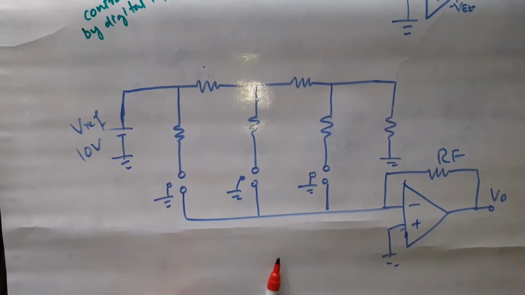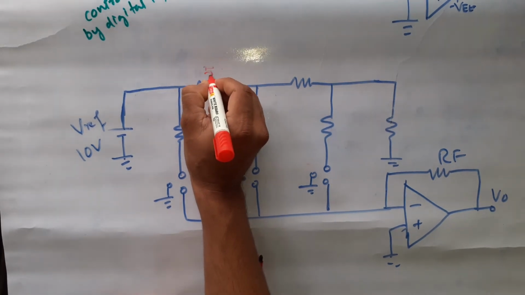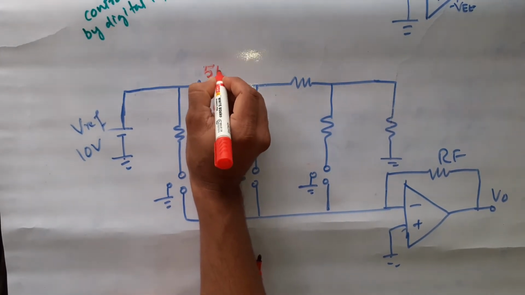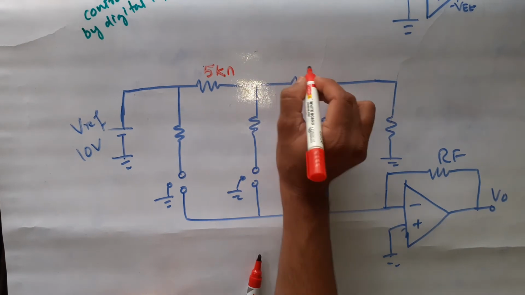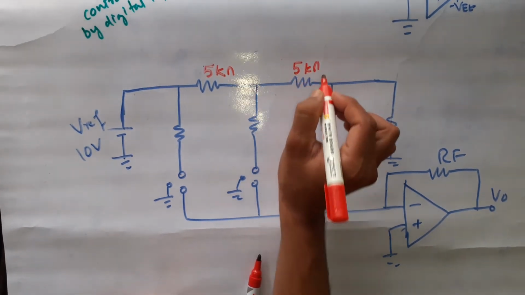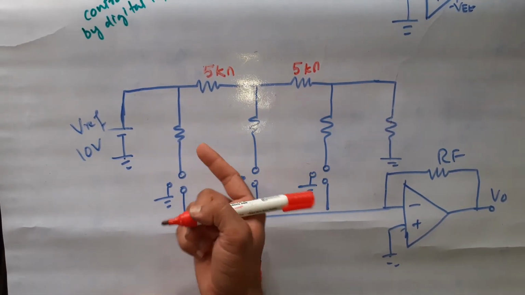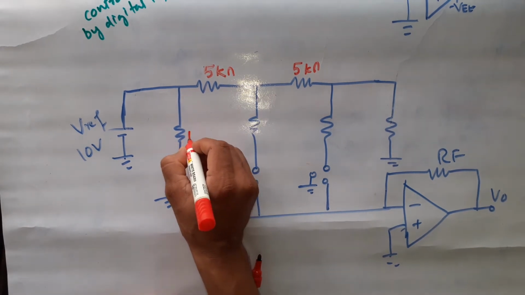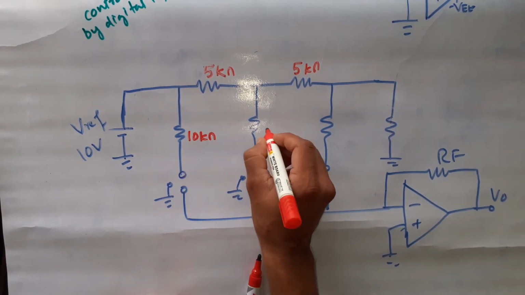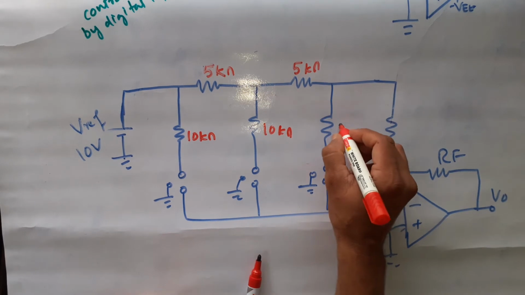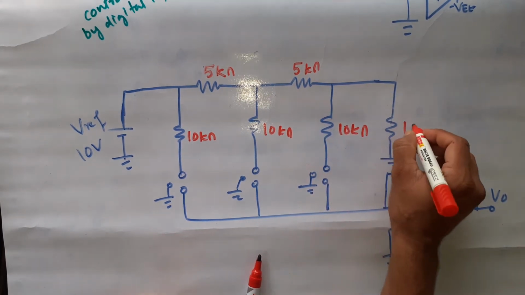Let this be your 5 kilo ohm. If this is R, this should be 2R, double of this. So this will be 10 kilo ohm, 10 kilo ohm, 10 kilo ohm, 10 kilo ohm.